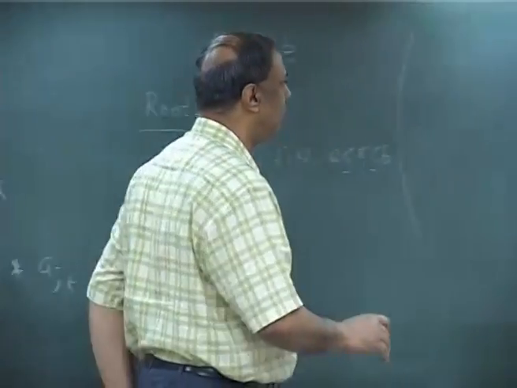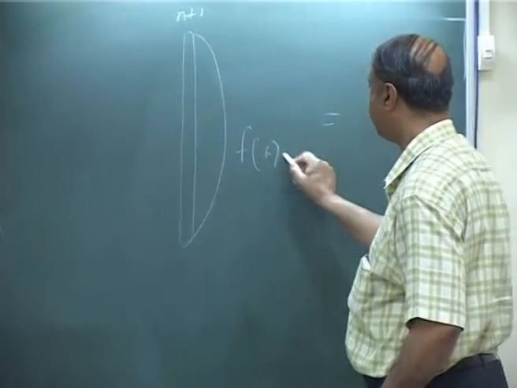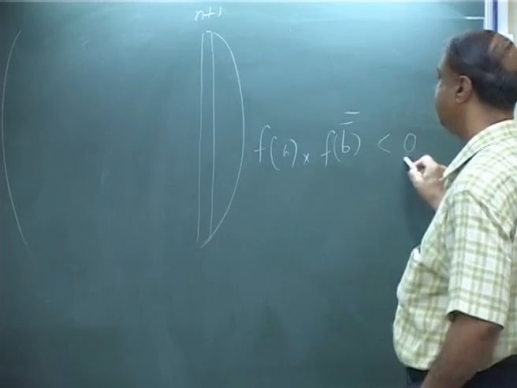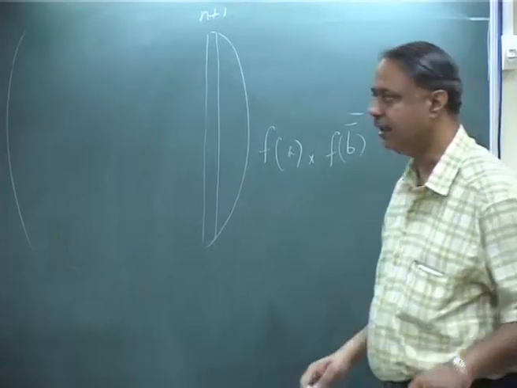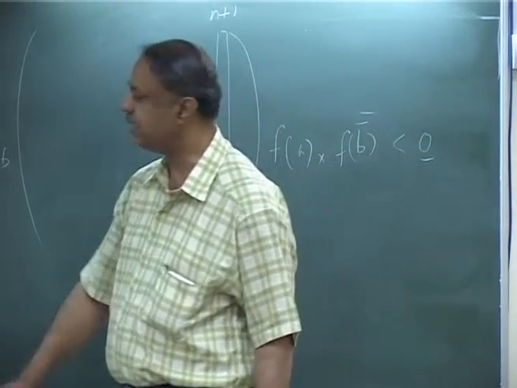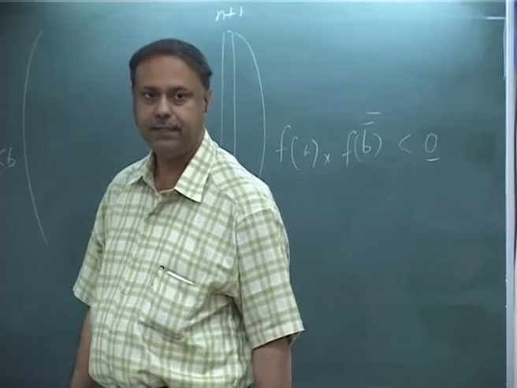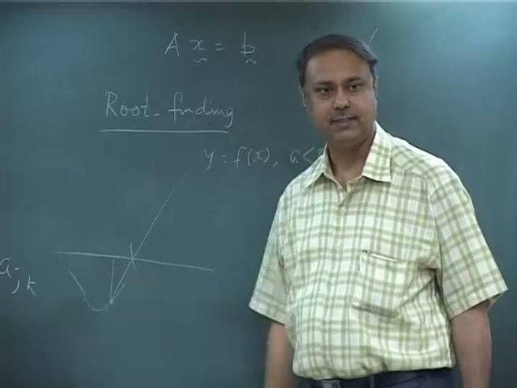See now, the scenario is that you have f(a) times f(b) less than 0, that assumption you are taking. Now, the procedure is that you take the middle value, and then you multiply this with this one.